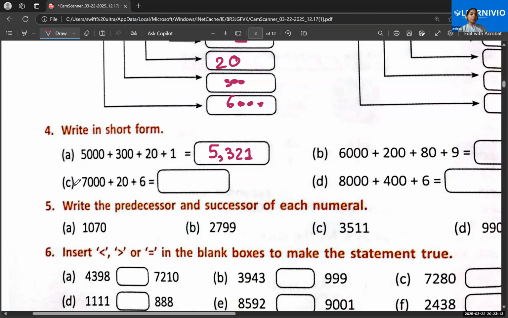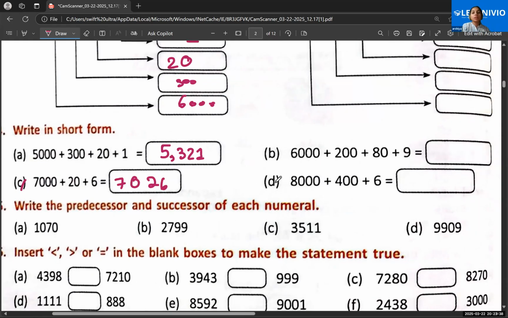Yes. Can you tell me for C part? 7,026. Very good. Again, these two I'll give you as your homework.